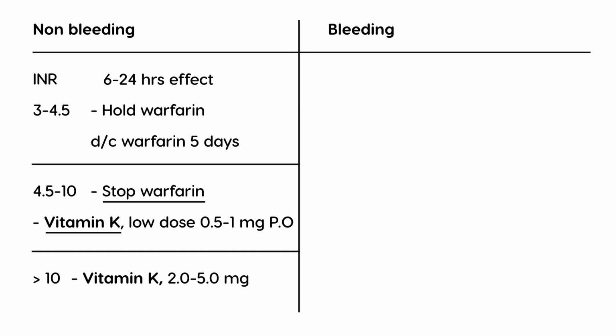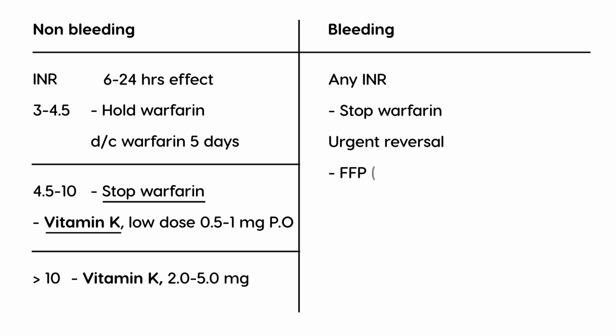Now we get to a scenario where the patient has an elevated INR and they are bleeding. Well, regardless of what the INR value is, you have to stop the warfarin immediately. And then you have to urgently reverse the warfarin because the patient is bleeding. That is accomplished with fresh frozen plasma.